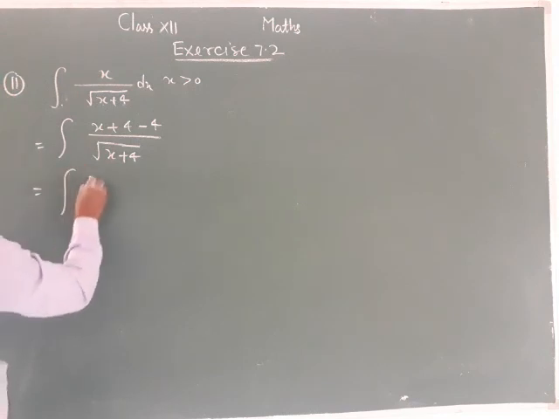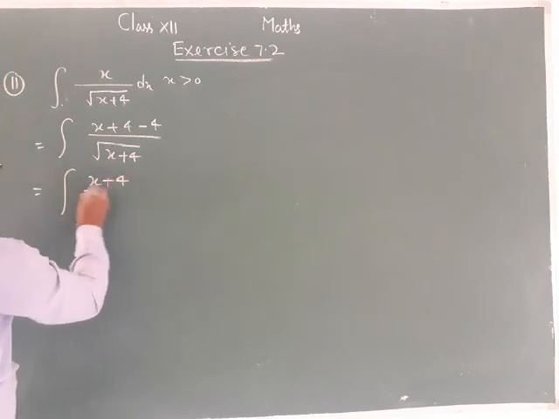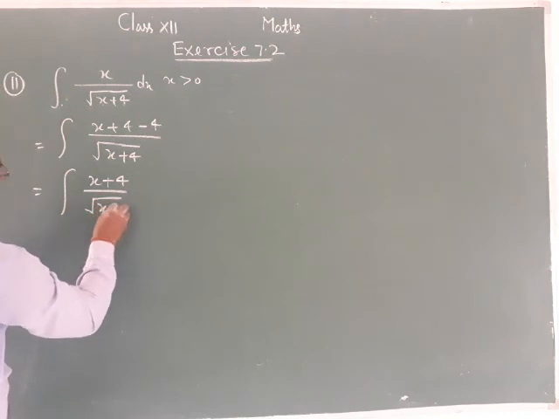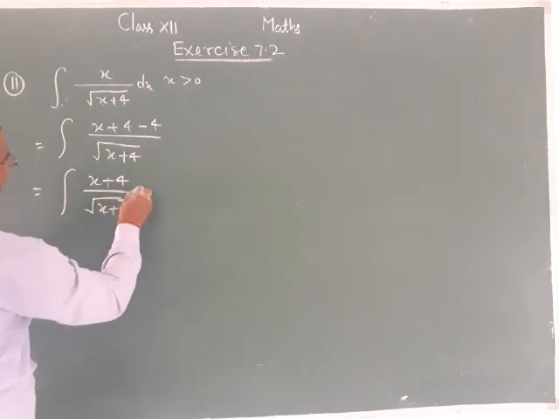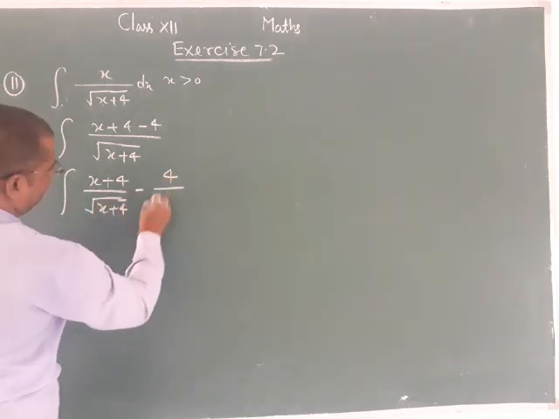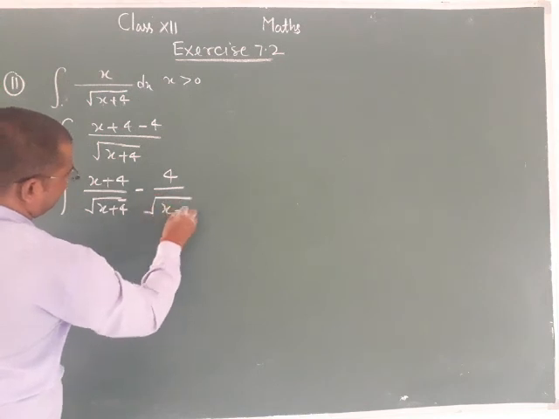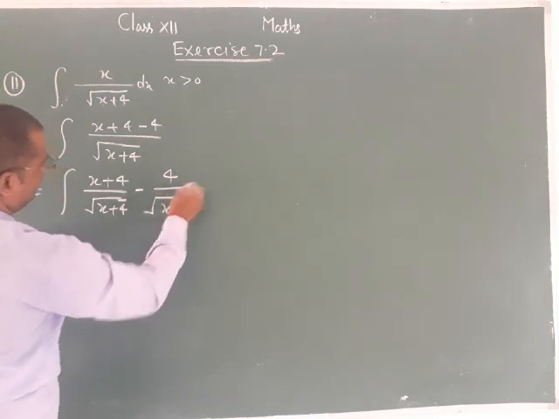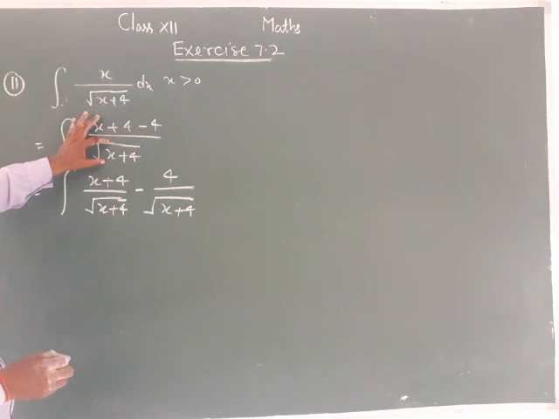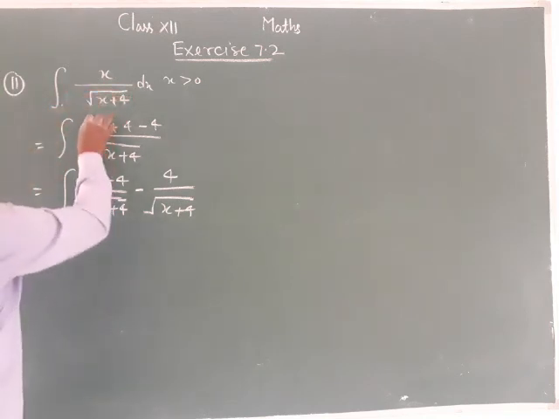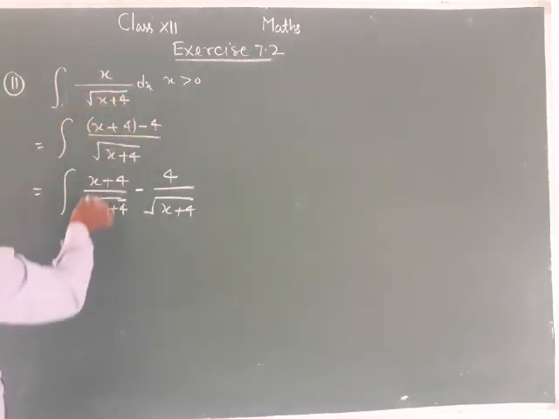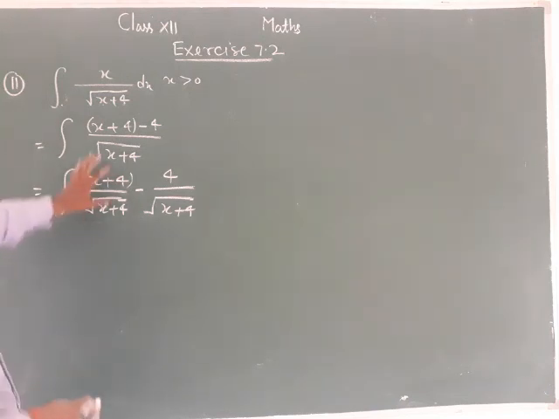So (x plus 4) upon root x plus 4 minus 4 upon root x plus 4. Now separating by LCM, x plus 4, this and this.